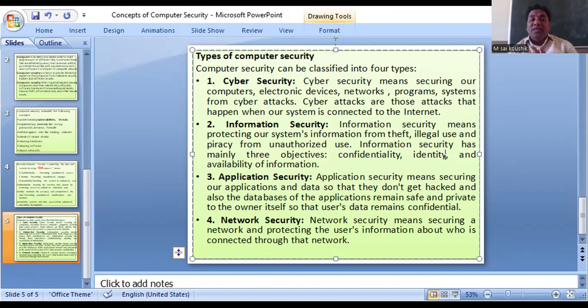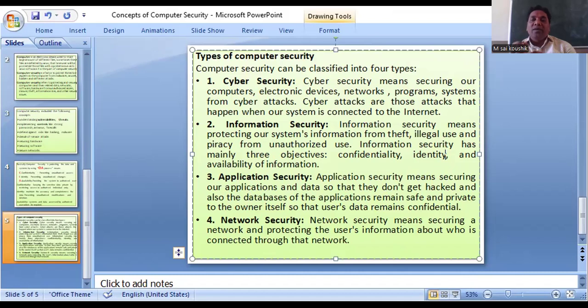And next is network security. Now we're discussing a very, very important factor. Network security means securing a network and protecting the user information about who is connected through the internet or network. Whenever we utilize networking, we have to secure it. Why?